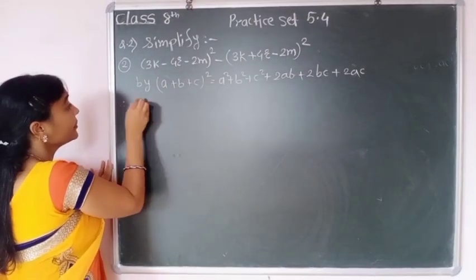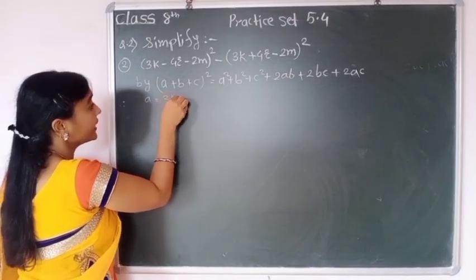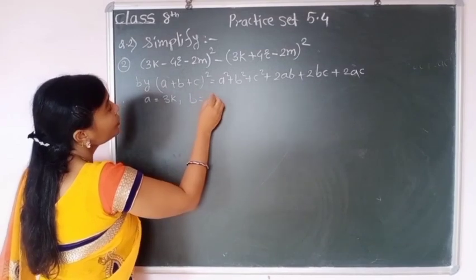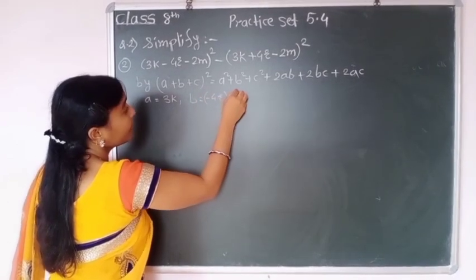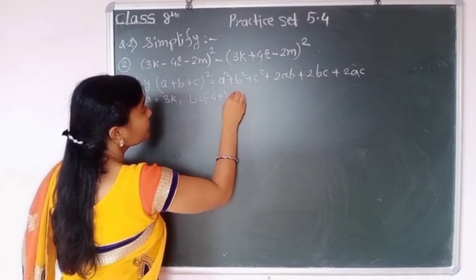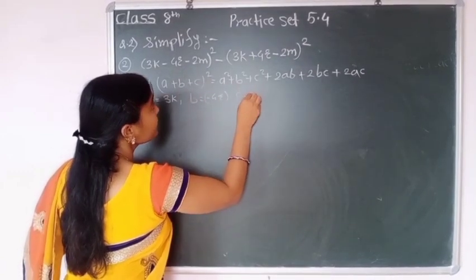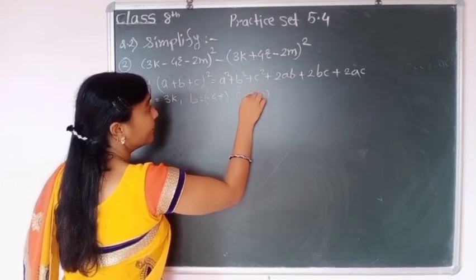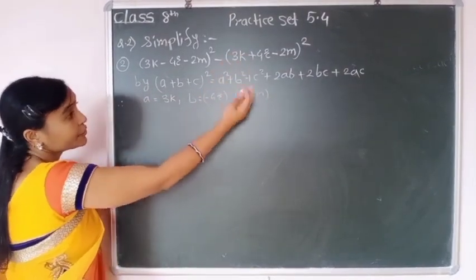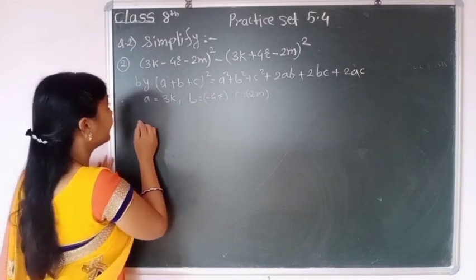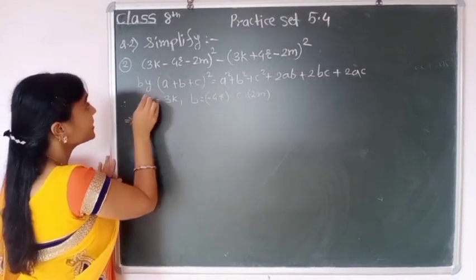So compare: a equal to thrice k, b equal to minus 4r and c equal to minus twice m. And in this, so we use later. Then what is the expansion of this?